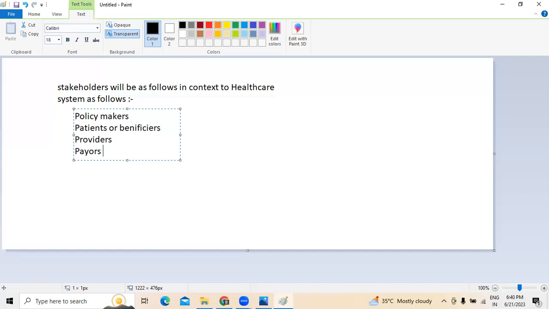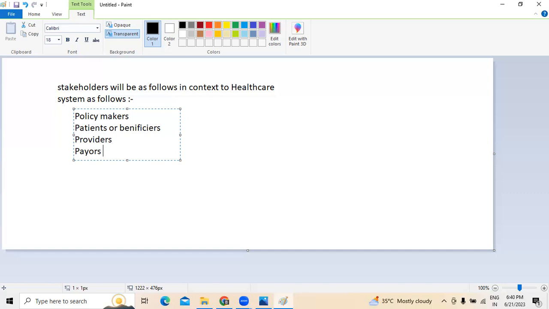So the beneficiary is the person who is getting medical treatment. Next is providers, and then payers. So these are the 4 roles, the 4 different stakeholders you see.